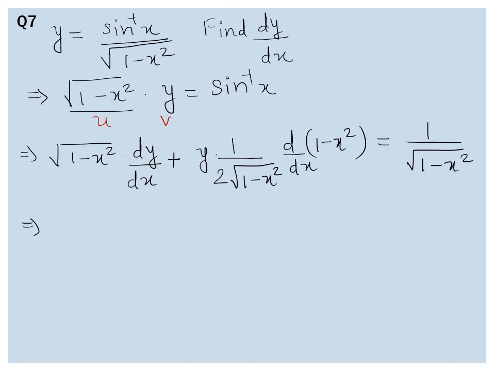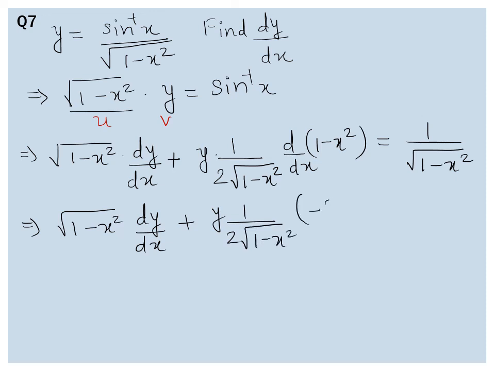So simplifying it further, root of 1 minus x square dy by dx as it is, plus y into 1 upon 2 root of 1 minus x square into the derivative, which is minus 2x, equal to 1 upon root of 1 minus x square.